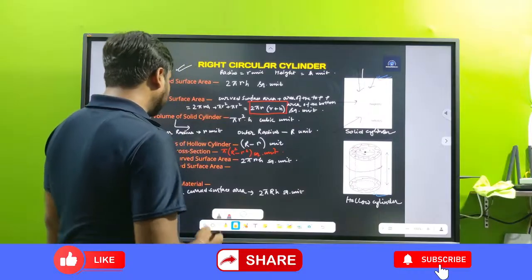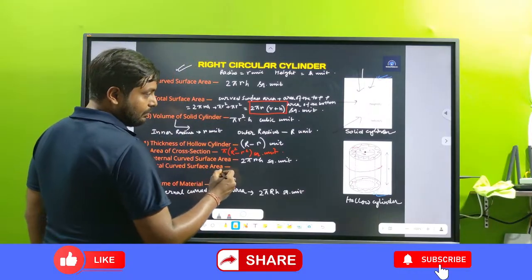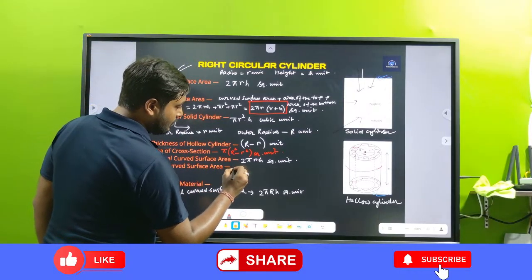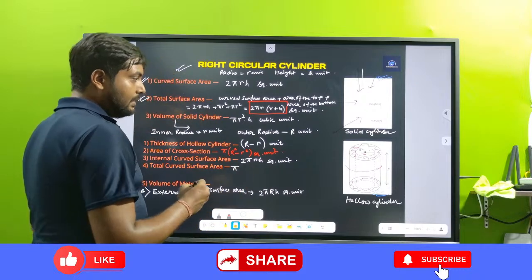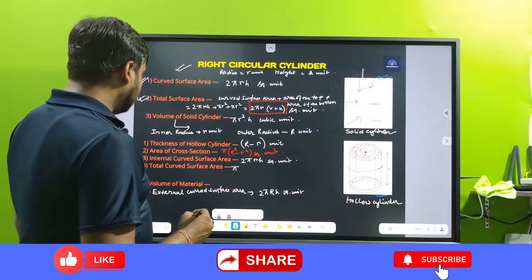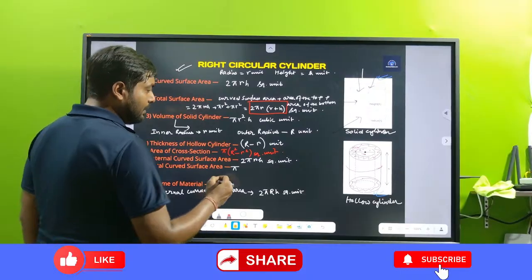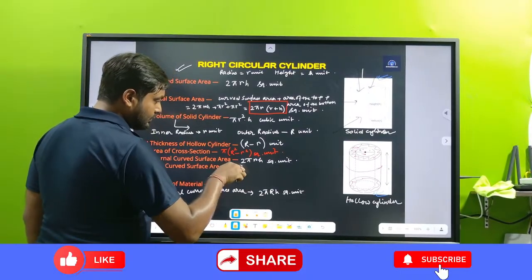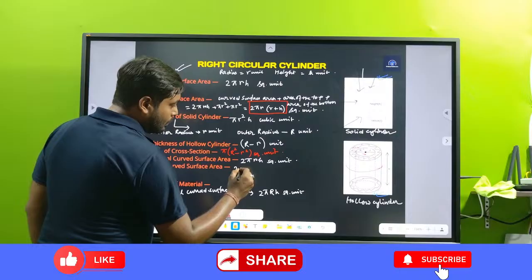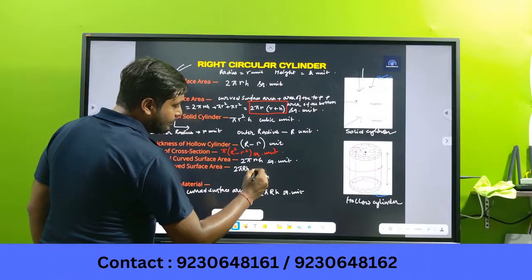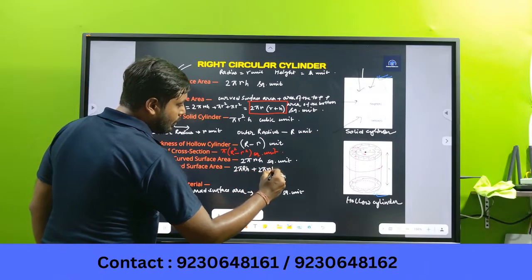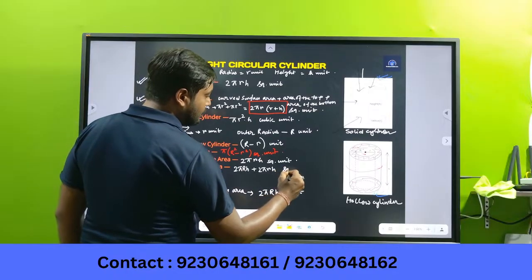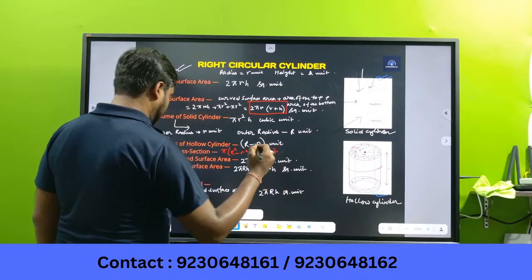So the total curved surface area will be 2 pi capital R H plus 2 pi small r h square units.